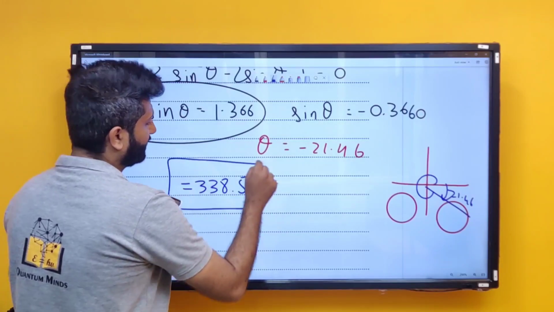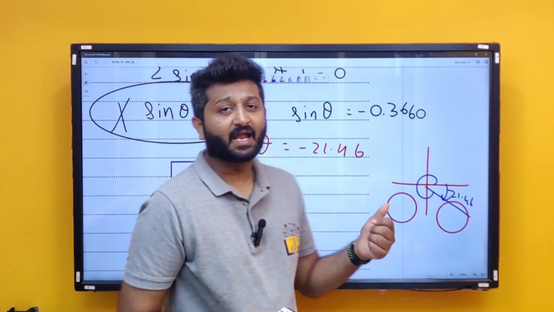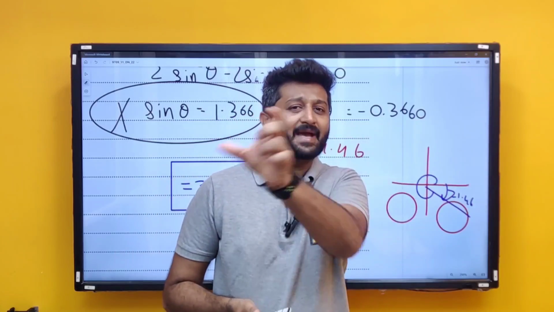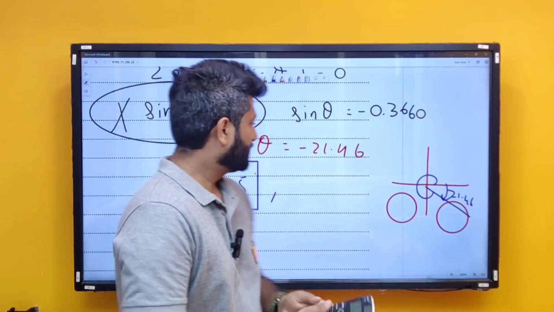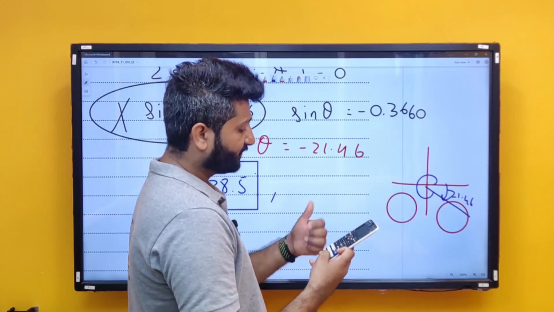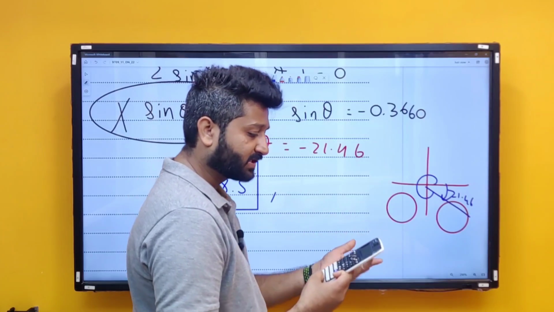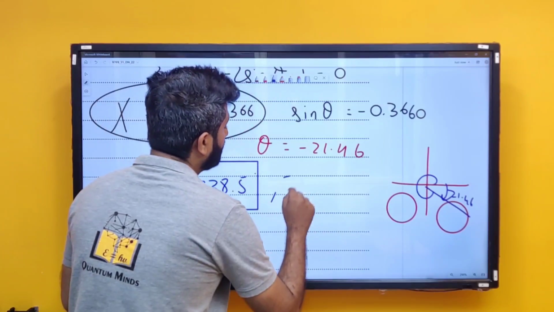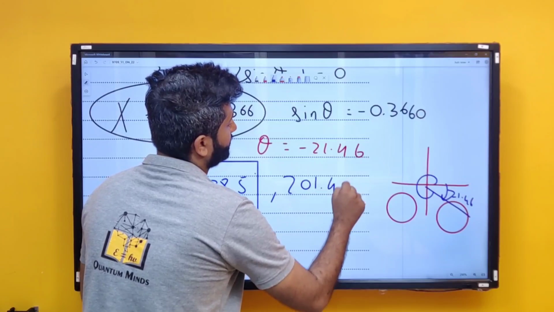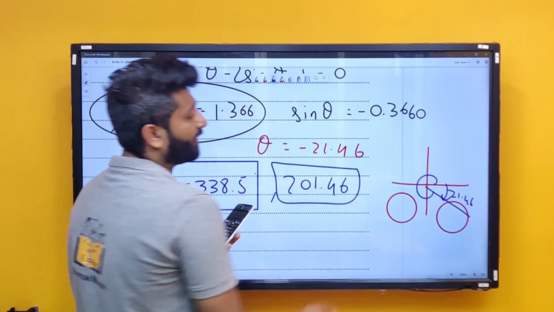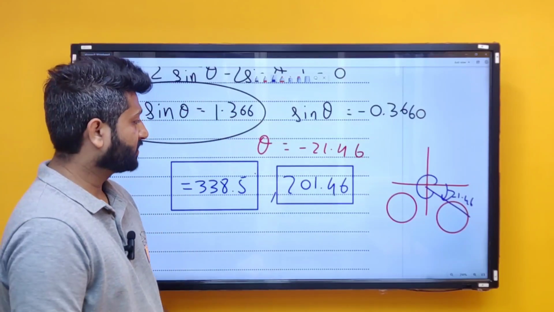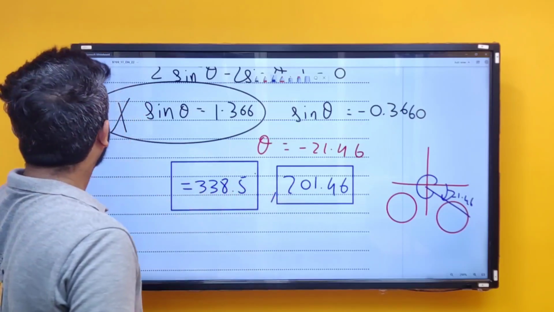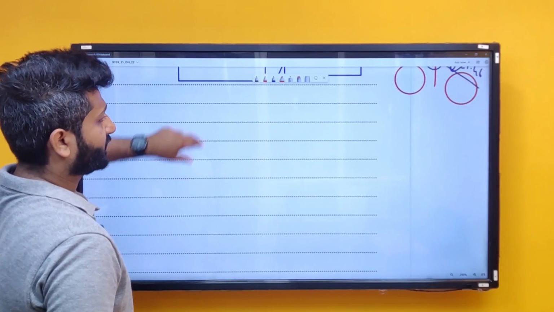This is my first angle. And my second angle, I know sine of 180 minus theta is again sine theta. So 180 minus of minus 21.46, which is 201.46. This is also my answer. These two are my final answers. Next question.